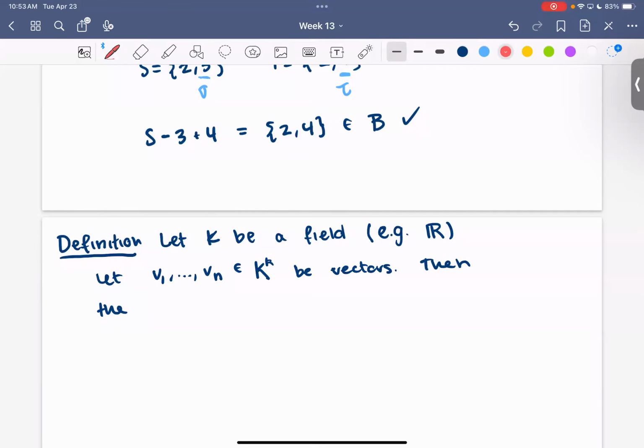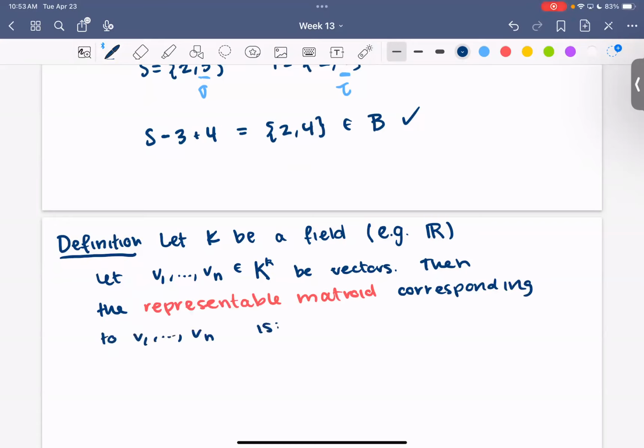the representable matroid corresponding to these V's is what this is going to be called. So I need to tell you what E and B are.